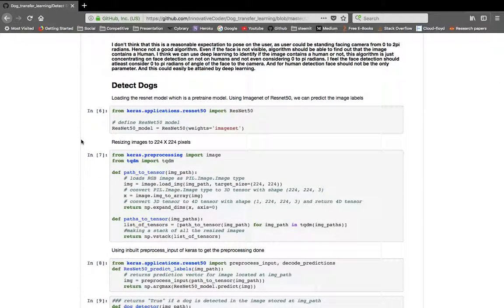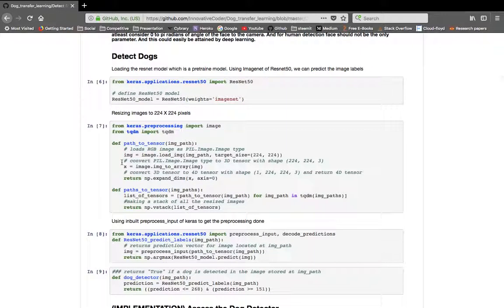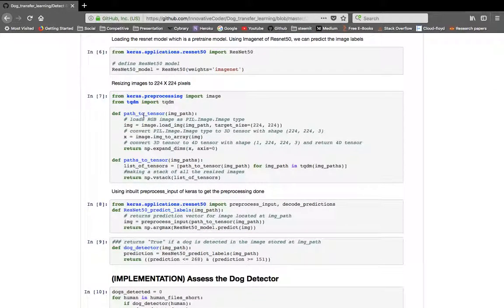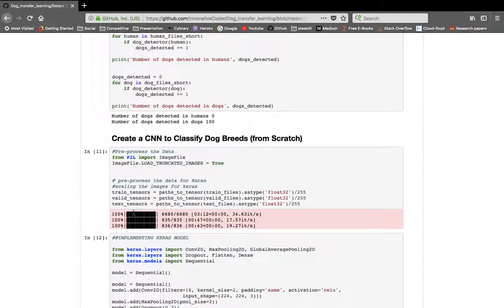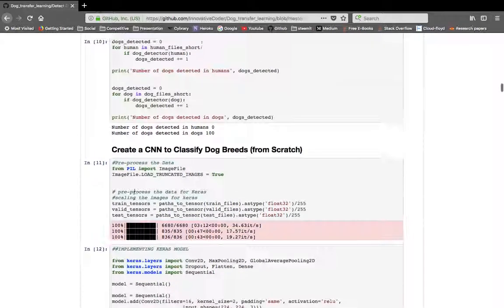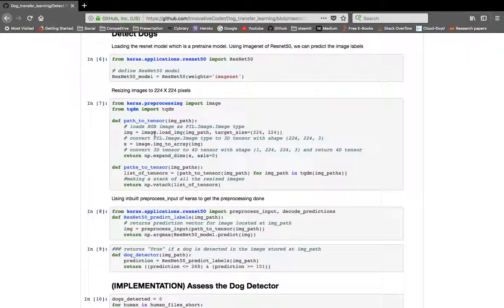Now we are detecting the dogs. What we are using over here is something known as the ResNet-50 model. Why I am using this, bear with me, we'll understand this in a minute. Then we are using keras.preprocessing and TQDM. TQDM is a library so that when we load the model, we can see what percentage of the model is being loaded. Now we have keras.preprocessing, path to tensor.